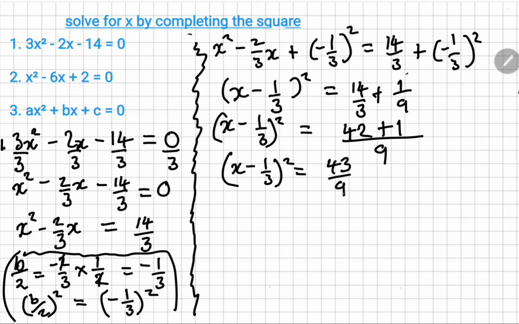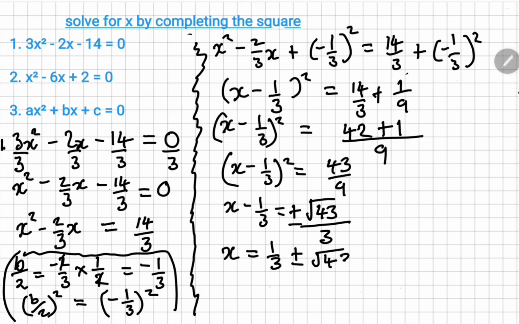Take the square root of both sides. x minus 1 over 3 is now the square root of 43 over square root of 9, which is 3. In fact, here it's plus or minus, don't forget that. So it's x equals 1 over 3 plus or minus the root of 43 over 3.